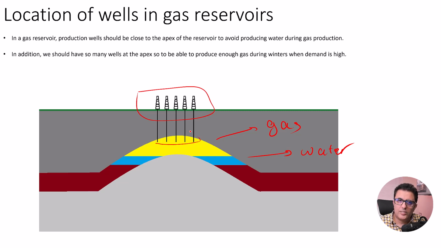We should produce as little water as we can. We should minimize water production, and in order to do so, these wells should be close to the apex of the reservoir, away from the aquifer. And that's the major thing that we should consider when we drill a well for production.